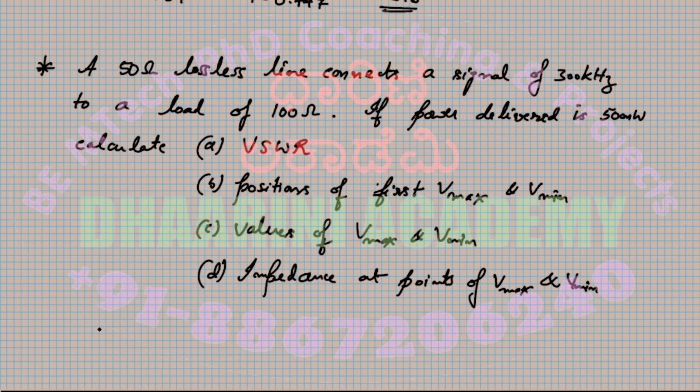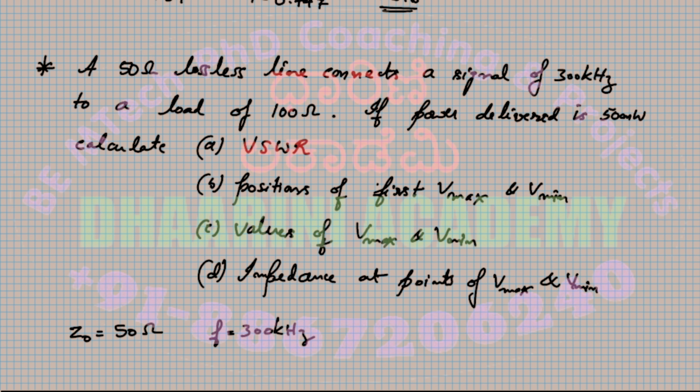A 50 ohm lossless line. Whenever related to a lossless line, a resistance is given that corresponds to the Z0 value. So Z0 is equal to 50 ohms. Then connects to a signal means a frequency is given: F is equal to 300 kilohertz.